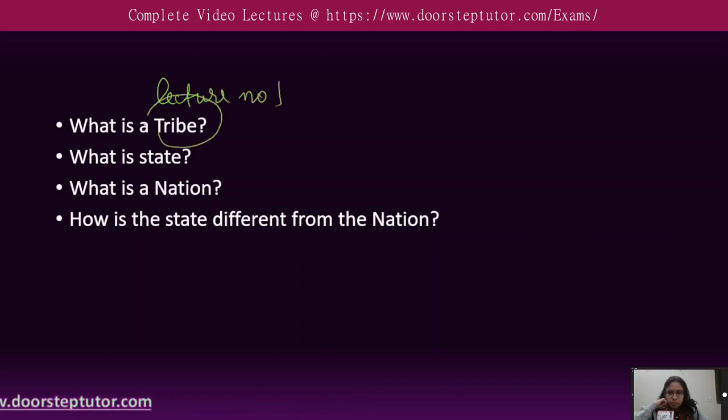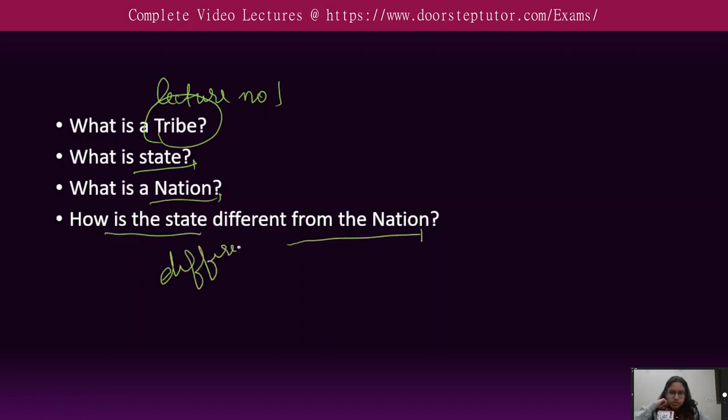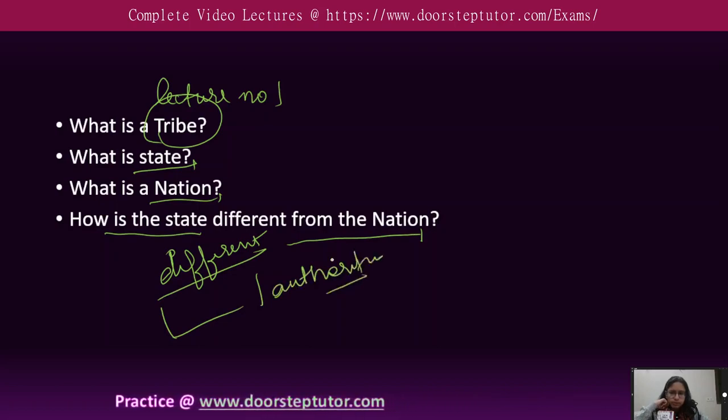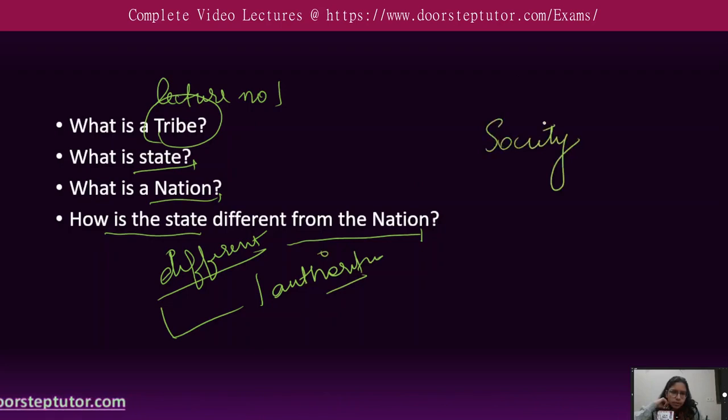We will understand what is a tribe, then what is a state, what is a nation, and how is the state different from the nation. What are the differences between these two political terms or different authorities which rule over a state or nation. So, whenever we understand a society, there must be a political authority there.